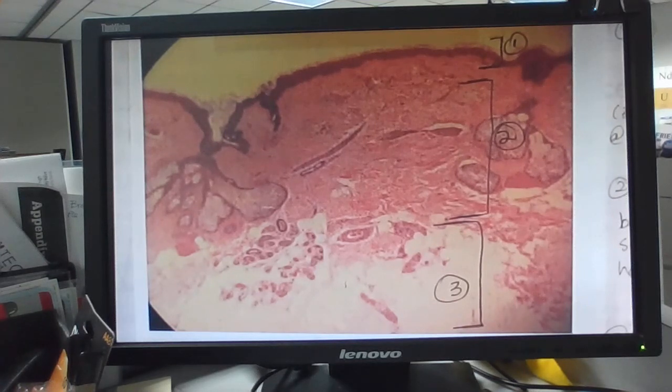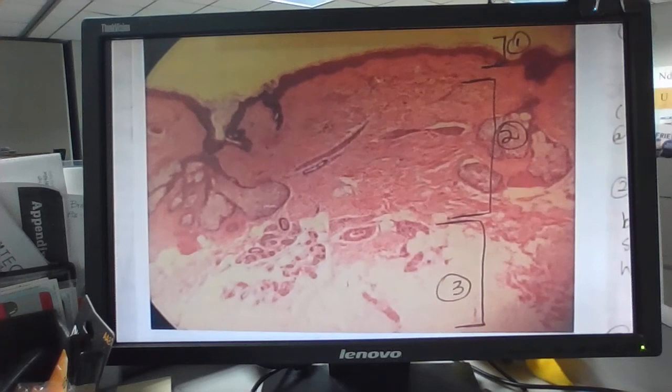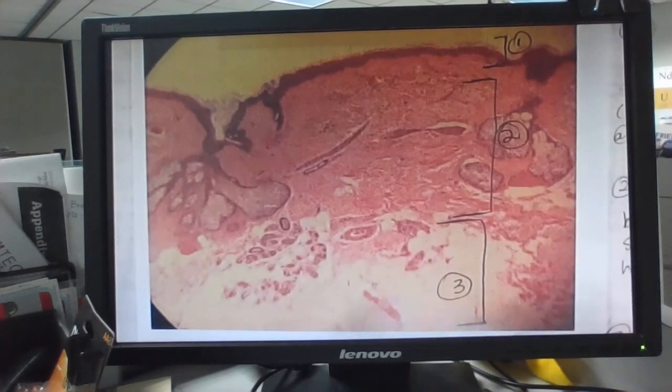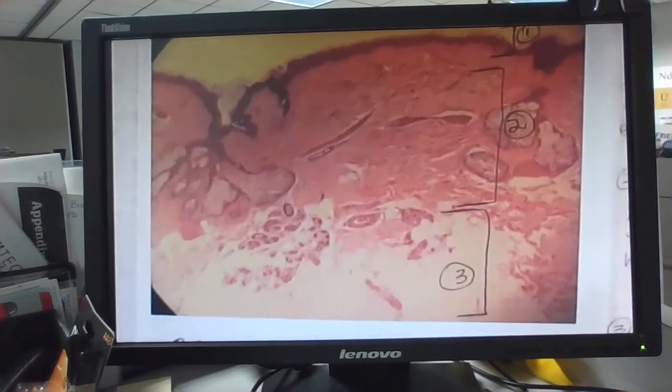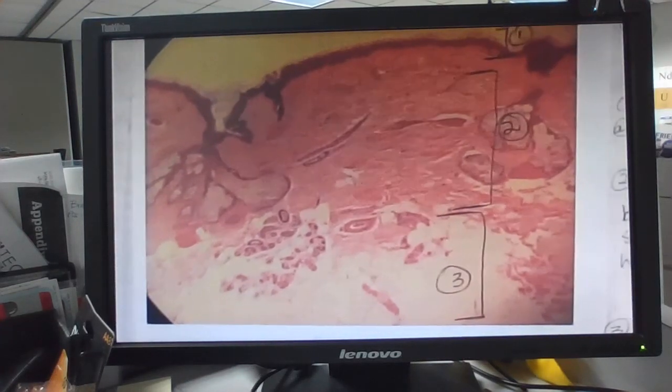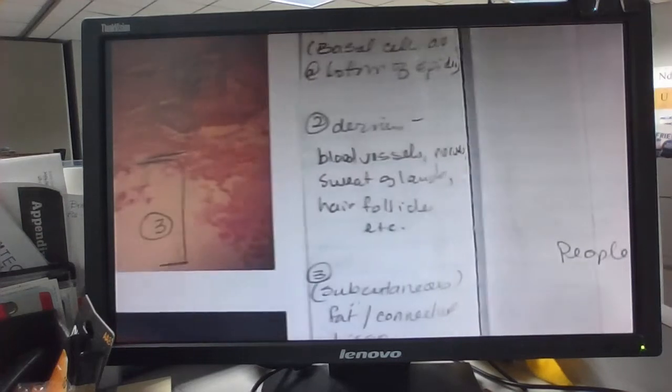No. Cartilage would be associated with a bone rather than with skin. It is adipose tissue. What is adipose tissue? That's fat. So all of these little circles here, they're storing that fat. That's why they look like they're empty, because they're so full of fat. But that's a good thing because it's insulating those layers right there. The third one's called the subcutaneous layer.